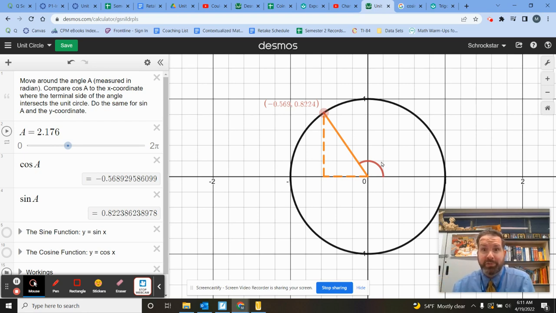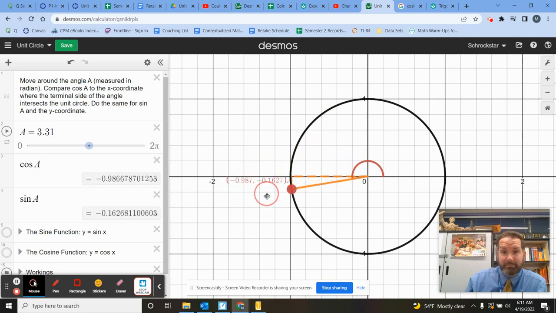It's more than pi over 2 radians. Nothing's changed. We can still make a right triangle. We can still look at this point up here. It's got an x-coordinate, there's your cosine of this angle. It's got a y-coordinate, there's your sine of this angle. Notice that now because we're on the left, the cosine is a negative number. That's how you can get a negative cosine.